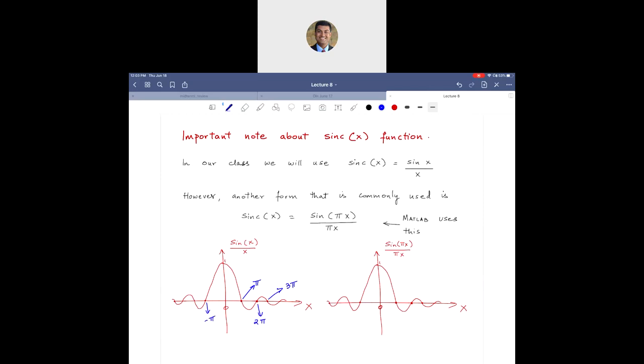Over here you have negative 2 pi, and so on. So integer multiples of pi other than 0 will be the zero crossings of the sinc function when you sketch it as sin x over x. When you do sin pi x over pi x, the zero crossings will be at 1, 2, 3, and so on.